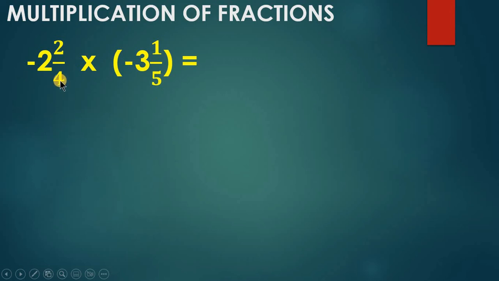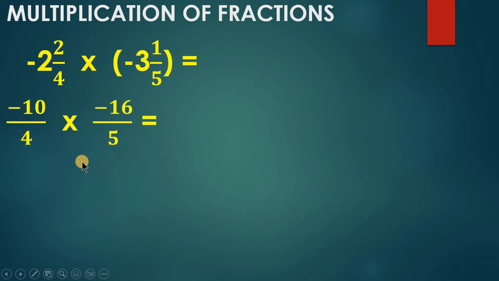Madali lang yan. Multiply lang natin. 4 times negative 2, that is negative 8. And then, i-plus natin yung 2 doon, so we have negative 10. Okay, maliwanag. And then, dito naman, 5 times 3, we have 15 plus 1, so 16. So, 16 all over 5.